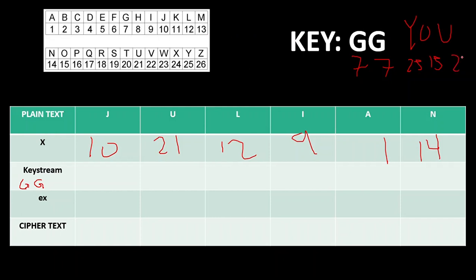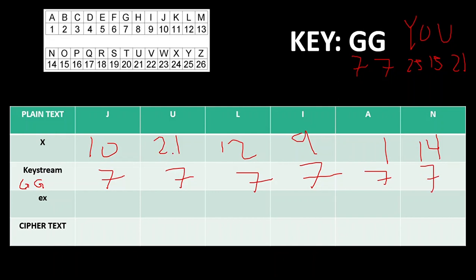So if, for example, the key is that, we put here 25, 15, 21, then 25, 15, 21. It's basically just repeating. But the main reason why I chose GG is so that it's just a repeating value. We don't have to stress out. It's just an easy problem. We don't have to do so much effort.